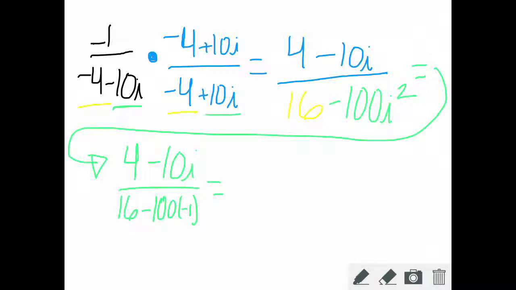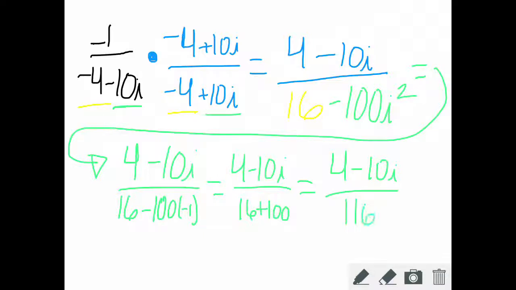So now to write it out, it'll be (4 - 10i) over (16 + 100). And now to add, 4 - 10i again over 116.